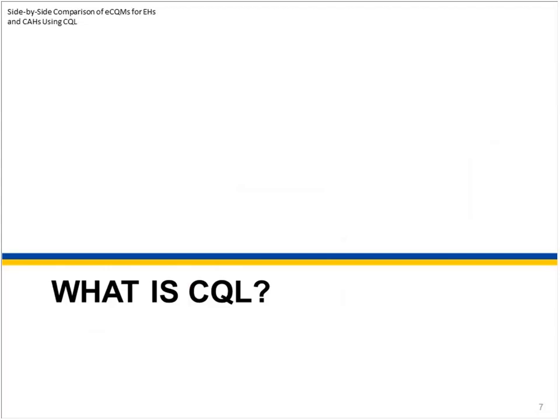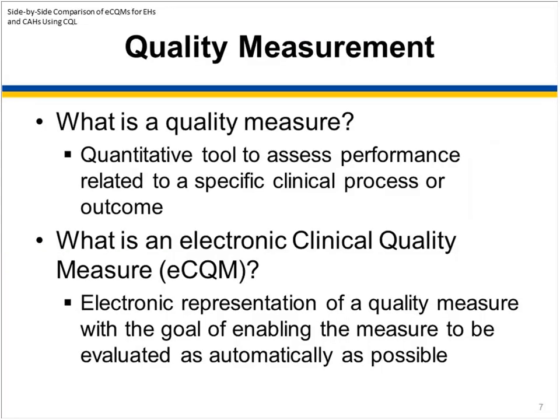First question that we like to start with today is, what is CQL? We're going to start to answer that question from the perspective of quality measure. So if you look at the Health Quality Measures Format, the normative specification, which is the specification that we currently use to distribute electronic clinical quality measures.